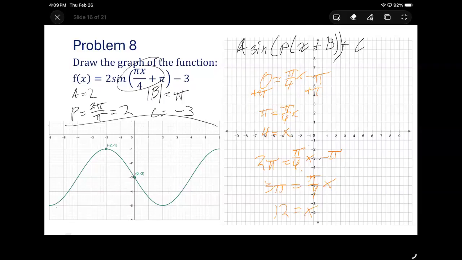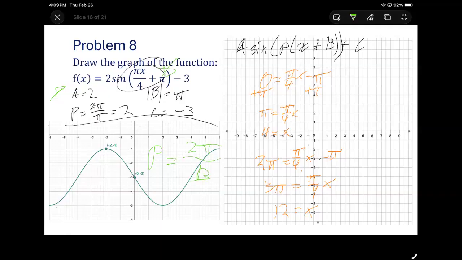Can you explain, on the period, when you got 2 pi over pi equals 2, where did you get those numbers from? So we know the amplitude, and then your period is 2 pi over your b.